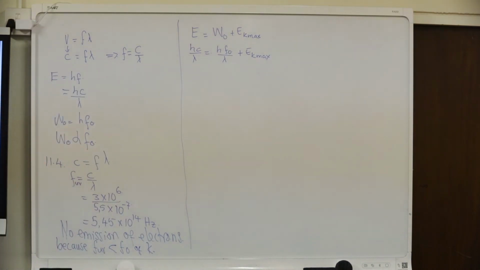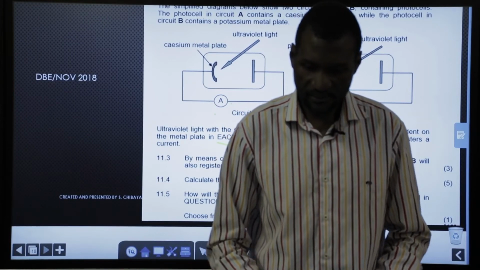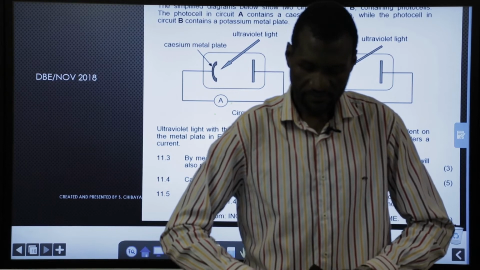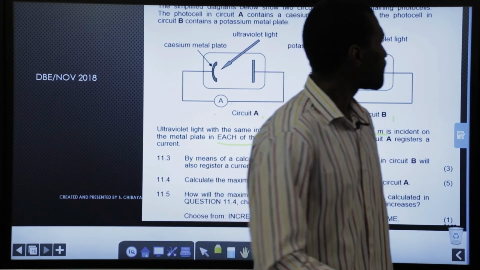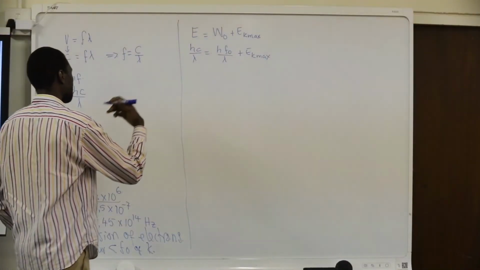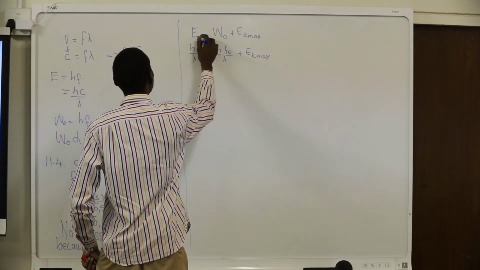So if we substitute those values, we find that we have the energy of the light that's being produced, which is the energy of the UV light.